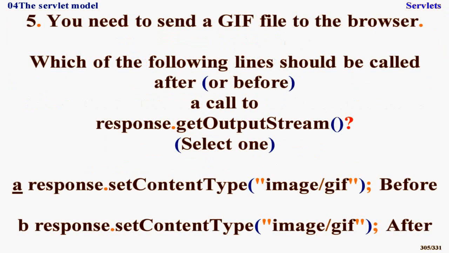5. You need to send a GIF file to the browser. Which of the following lines should be called after or before a call to response.getOutputStream? Select 1. A. response.setContentType(image/gif) Before. B. response.setContentType(image/gif) After.